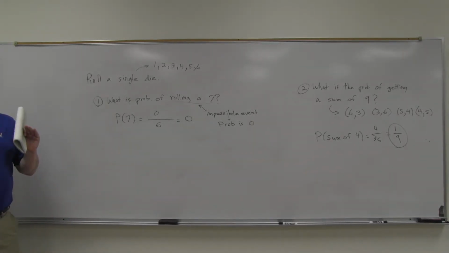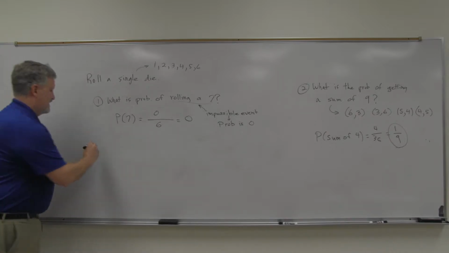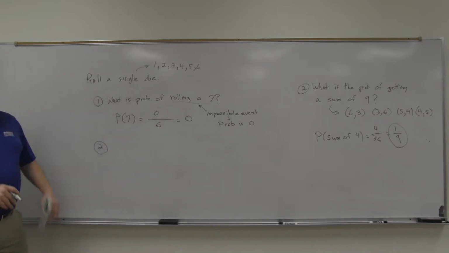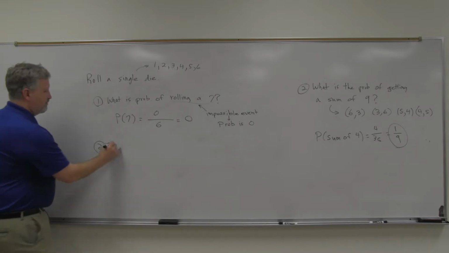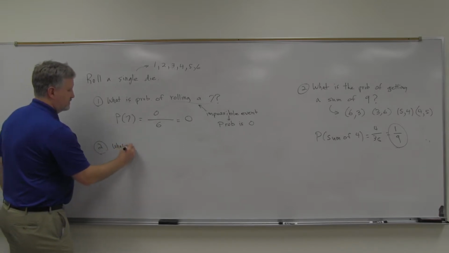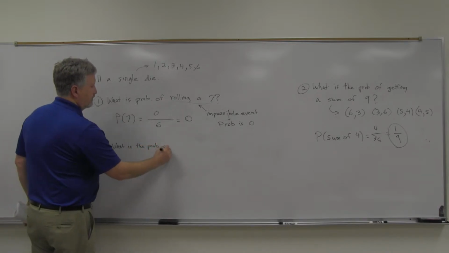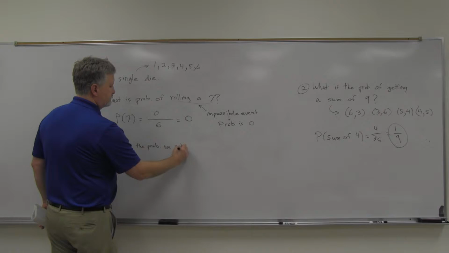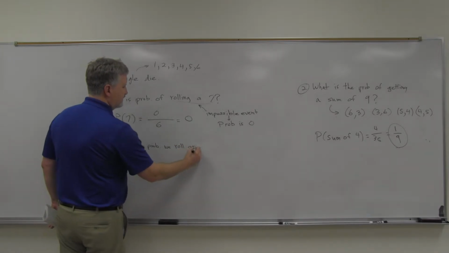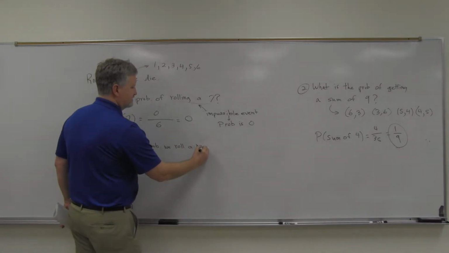All right? Number 2, let's go to the other end of the spectrum here. What is the probability we roll a number less than 7?